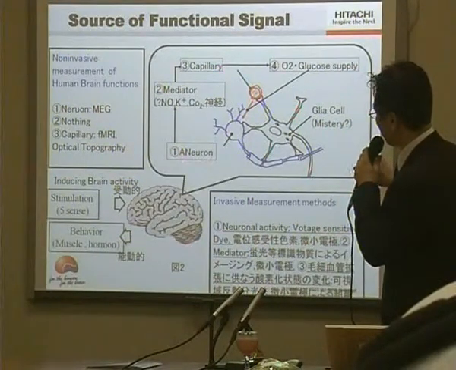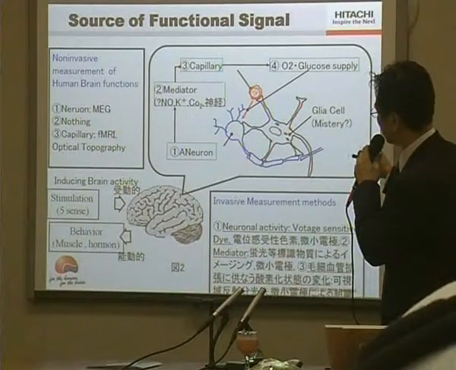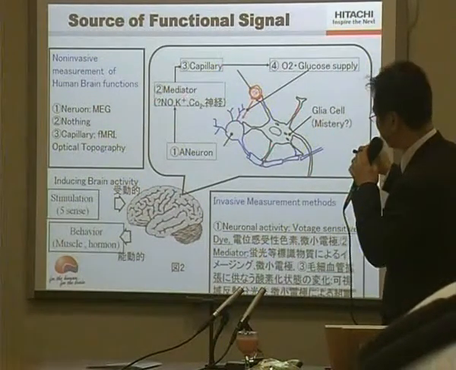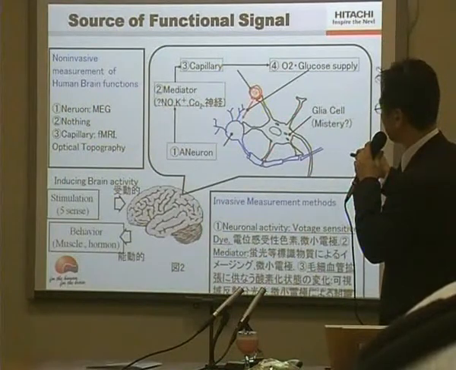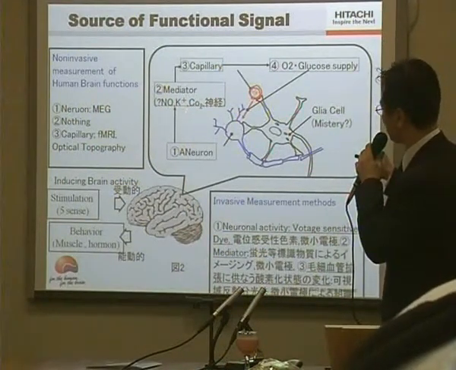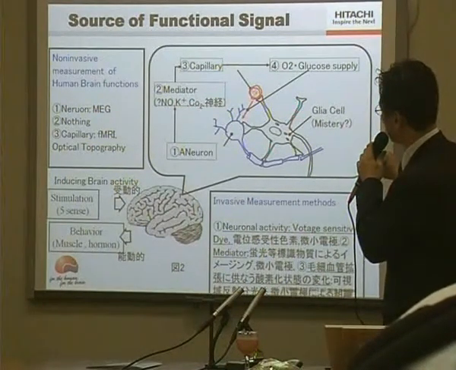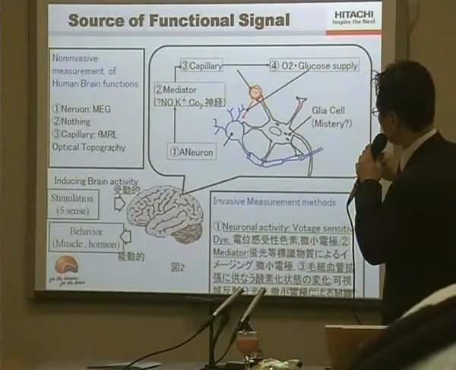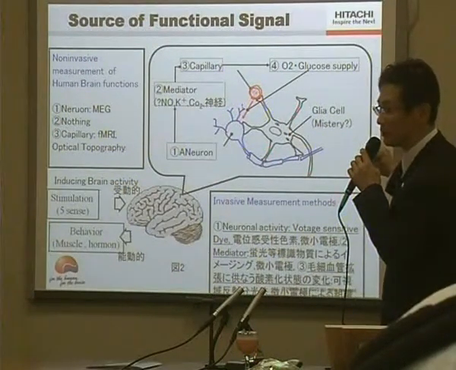And now there are some hypotheses. For example, there is some mediator, NO or choline, CO2, or direct control from the neuron to the blood vessel.